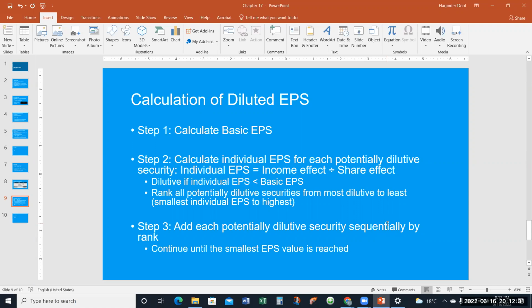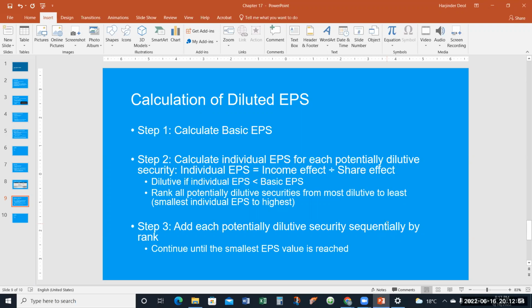I'll see if I can find an example, and maybe I'll post that as an extra practice question. But even if I don't, keep in mind that it is vital to have the ranking of the potentially dilutive securities from step 1, because that is the sequence in which you're going to include them in your math.